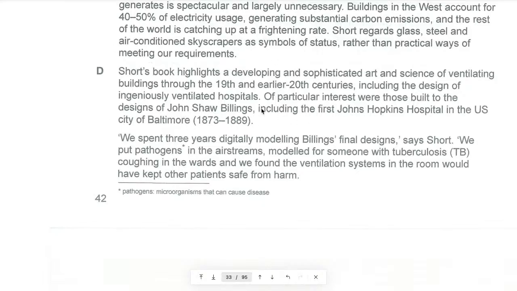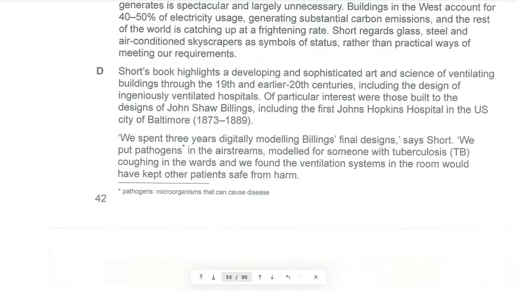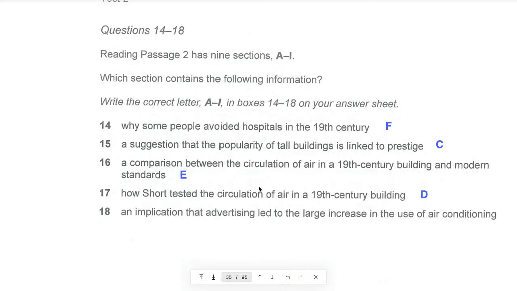Now, after reading this, explain it to me. The circulation of air is the same as what? Guys, tell me. The air streams?